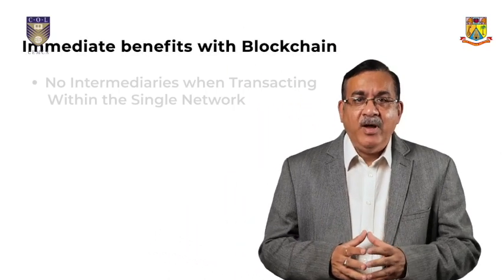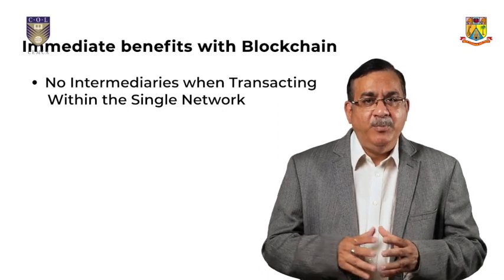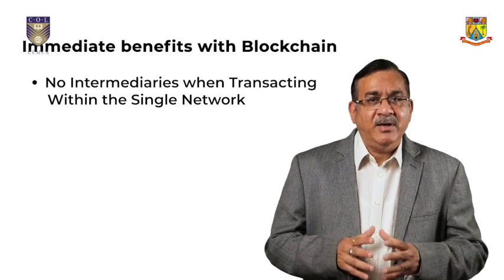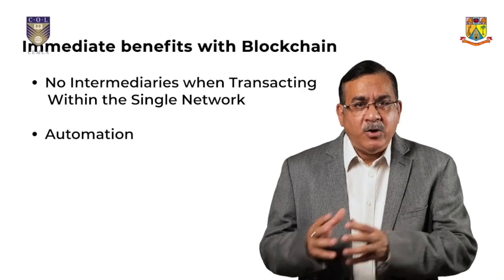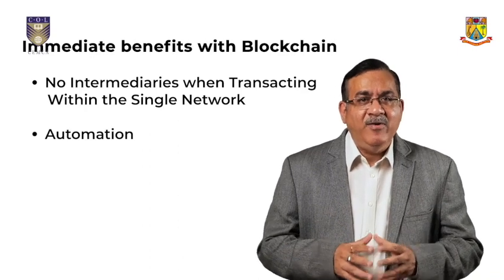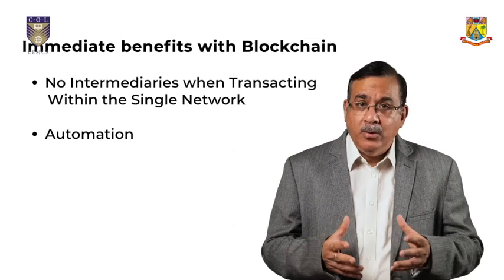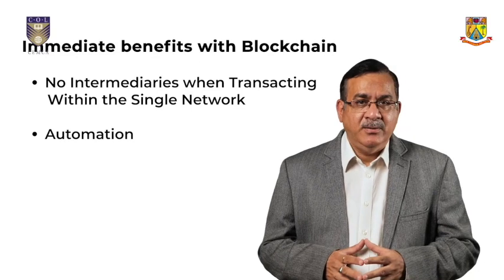Yet, there are some immediate benefits to be had with blockchain. And what are they? One, we have already seen the doing away with intermediaries in the case of Bitcoin, though there is a restriction that you are transacting within a single network. Two, the automation brought in by blockchain will facilitate reconciliation between independent parties who, in many cases, don't even need to trust each other.